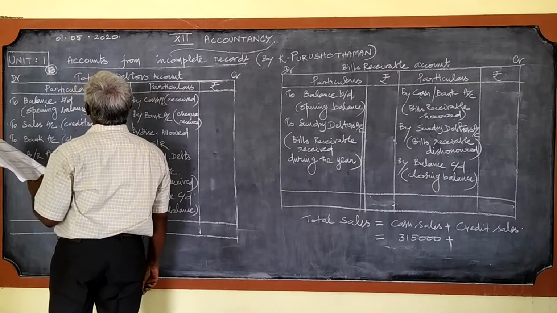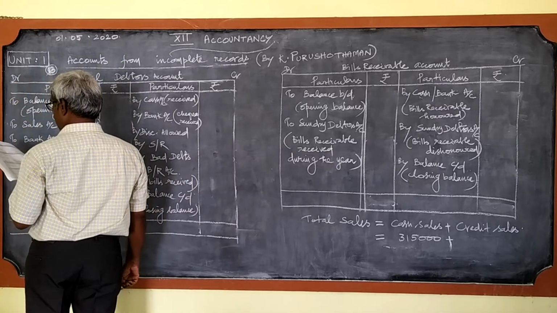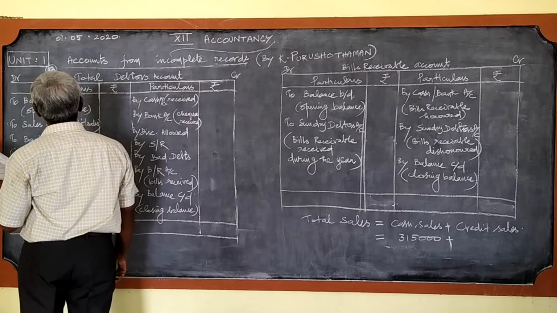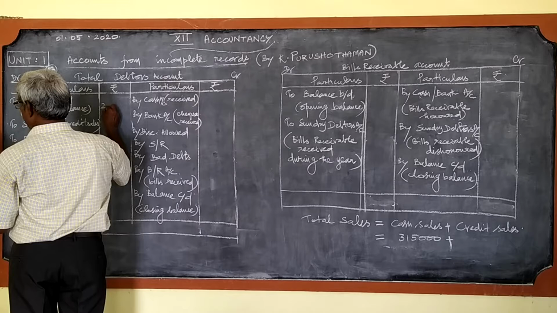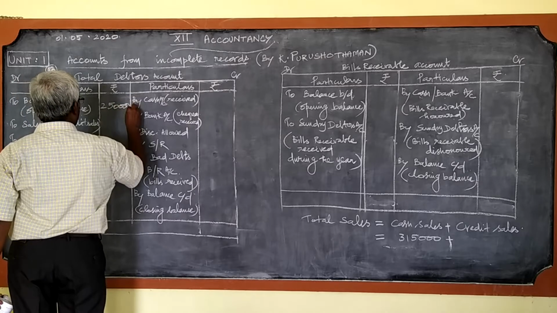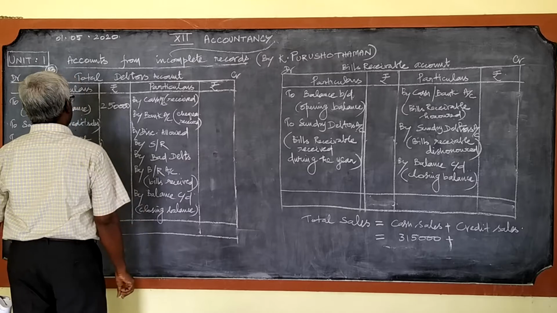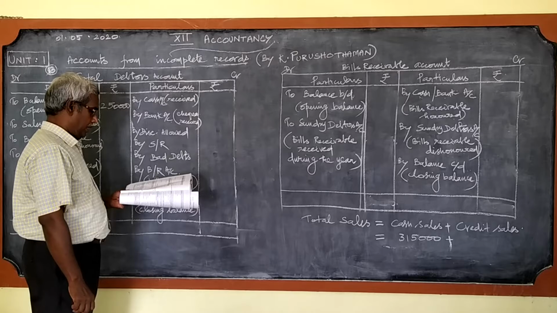Debtors on 1st April 2018. That is the debtors in the beginning of the year, given as 2,50,000.